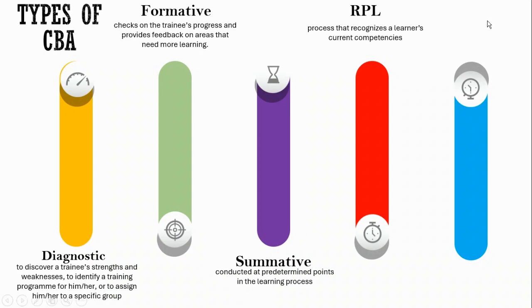And the other one is authentic assessment. Again, this is an area we want to unpack: what is authentic assessment? Here you're saying that learners are asked to perform real world tasks. And that's what competence is all about. Are they able to perform real world tasks? And you realize these tasks have already been identified in occupational standards.